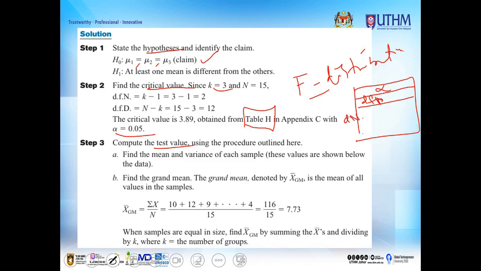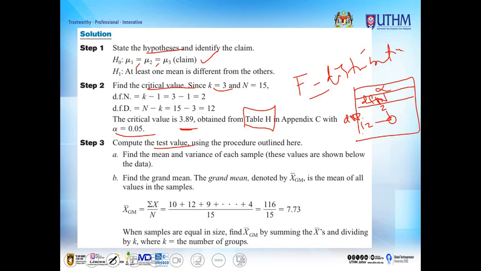Sorry, this will be your DFN and this will be your DFD. So for 12 and 2, the value will be somewhere here. The value that we obtained from the table is 3.89. Okay, we are done with the critical value. Usually we will compare the critical value with the test value. Now we're going to compute the test value.